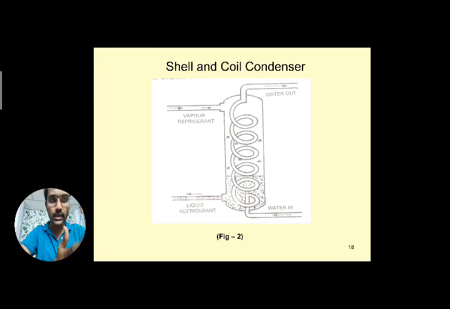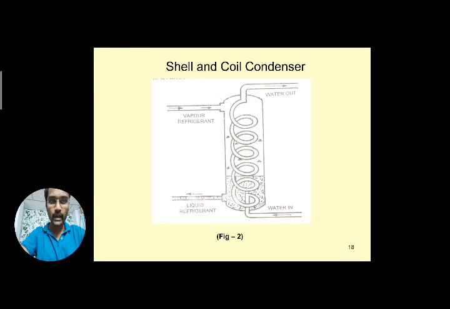Whereas if you observe the shell portion, two passages are provided, where the refrigerant is flowing from the top, and the liquid refrigerant is collected at the bottom. So here there is a counter direction between the cooling medium and the refrigerant. Refrigerant, which is coming from the compressor, will enter from the top.